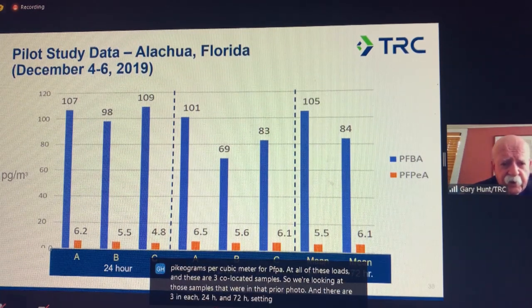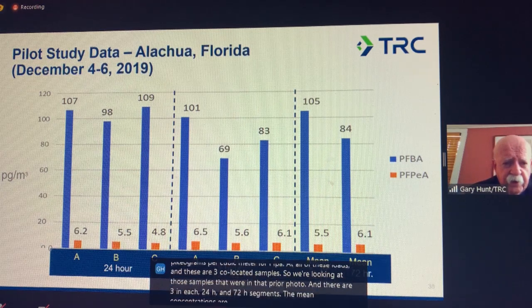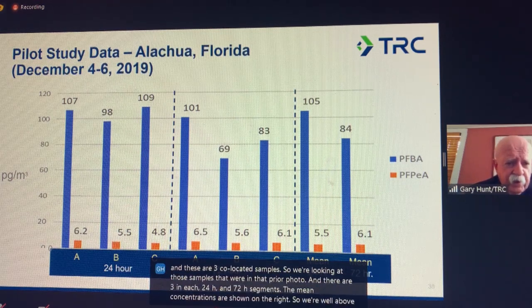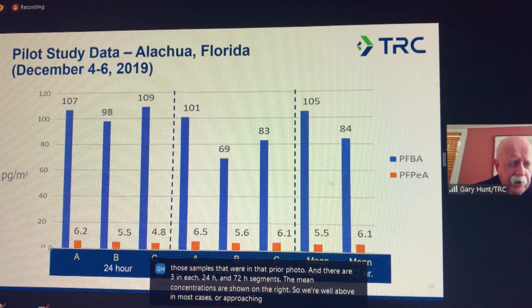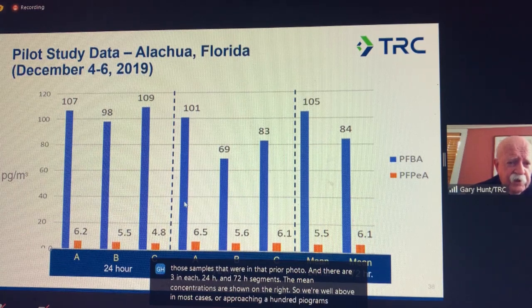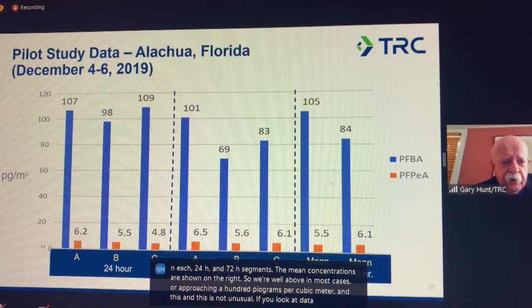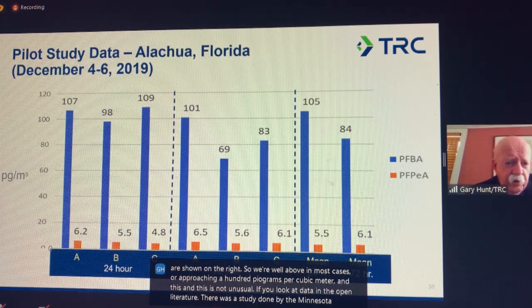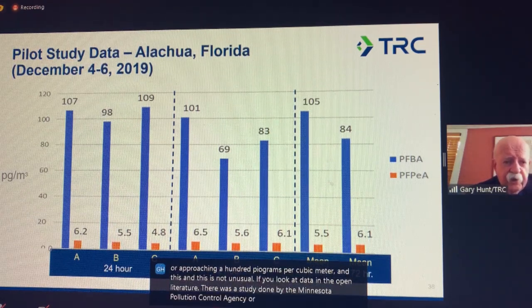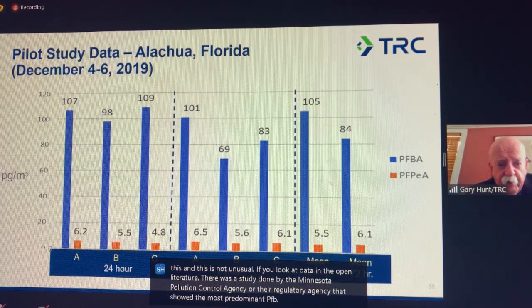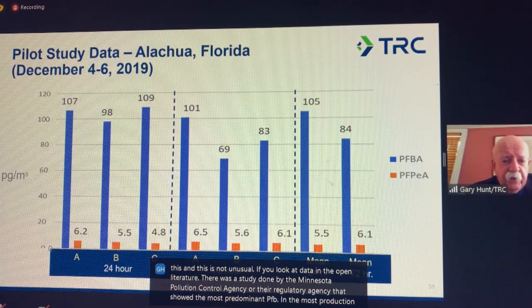The mean concentrations are shown on the right. So we're well above, in most cases, or approaching 100 picograms per cubic meter. And this is not unusual. If you look at data in the open literature, there was a study done by the Minnesota Pollution Control Agency, their regulatory agency, that showed the most predominant PFAS compound in ambient air is PFBA.